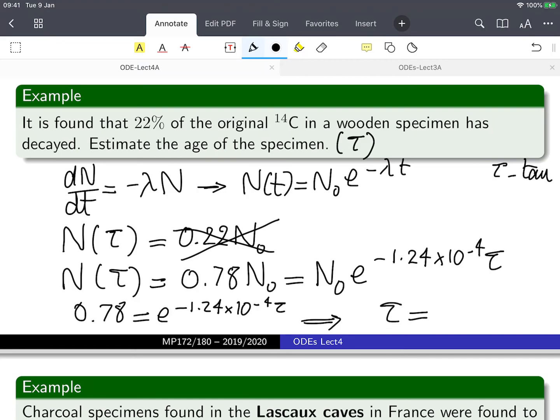It's not going to be precise to the year, but probably to the decade or the century. Should be okay. We only kept 3 significant digits.